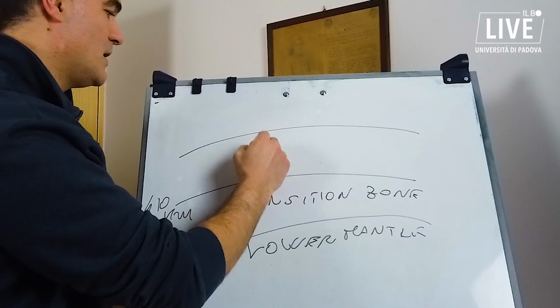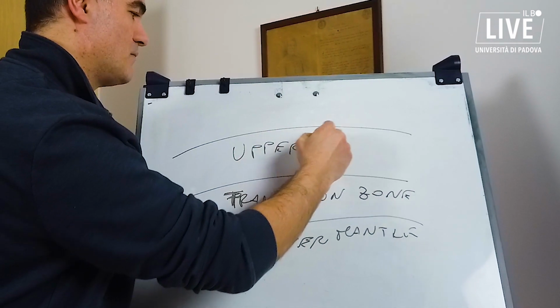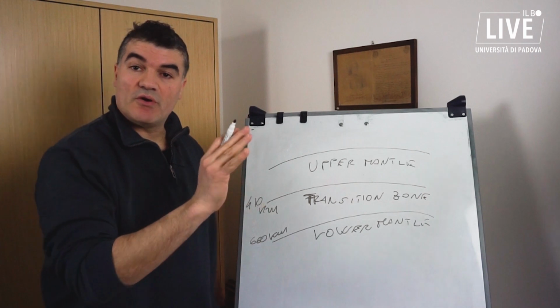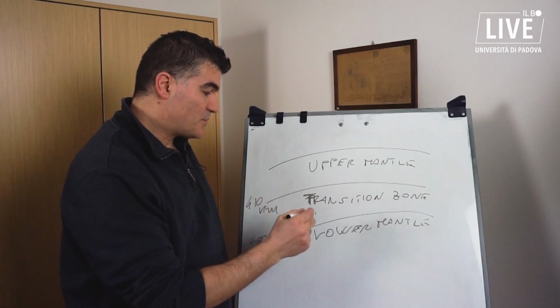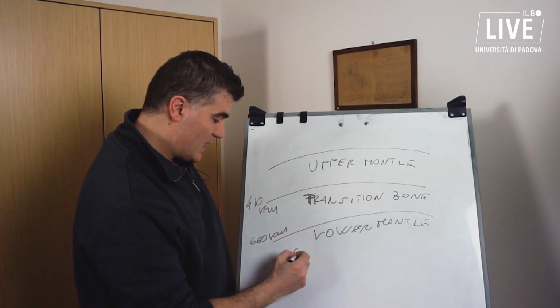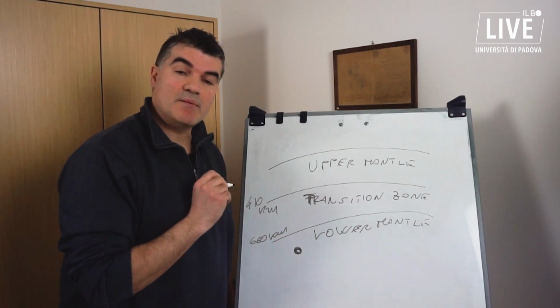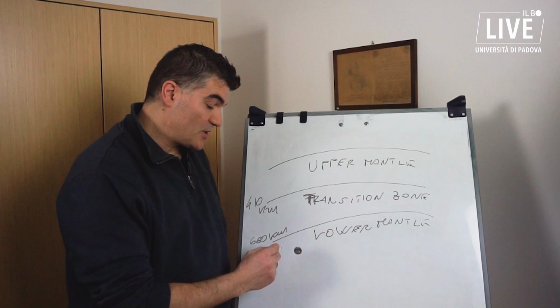Oops, sorry, here I forgot the upper mantle. So the composition of our mineral was predicted at about 800 kilometers. So the calcium silicate we found in diamond probably formed at 800 kilometer depth.